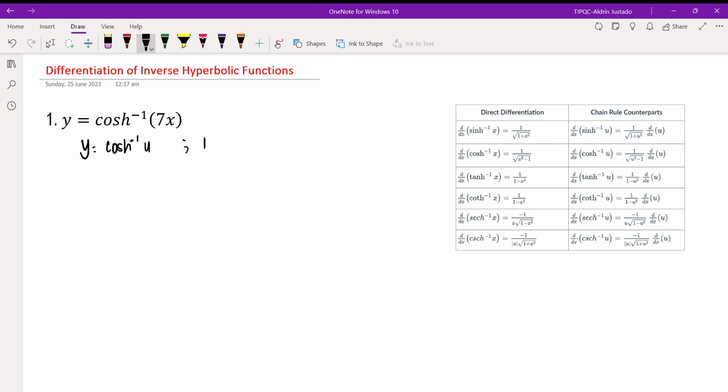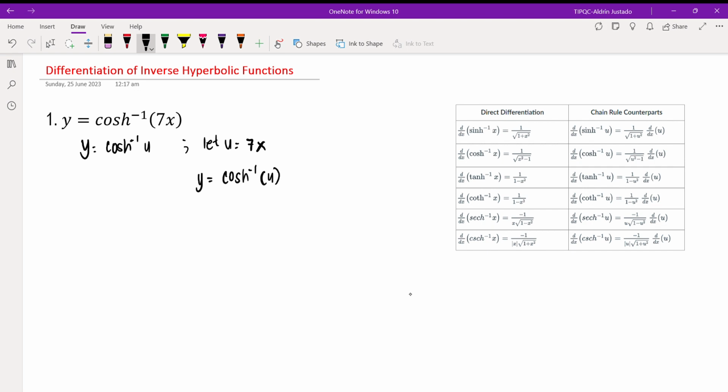So, we let u as equal to 7x. So, y equal to inverse hyperbolic cosine of u. Okay?